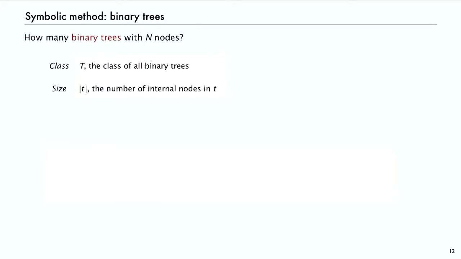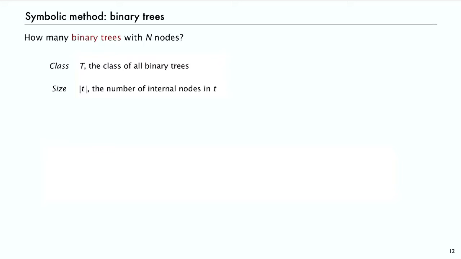Every time that we're going to study a combinatorial class, we're going to do it according to this rubric here. So we have to articulate what's the class. It's a class of all binary trees. What's the size function? A combinatorial class is a set and a size function.